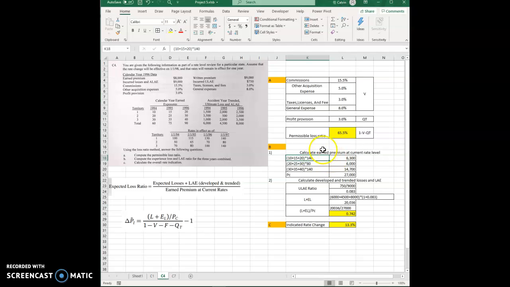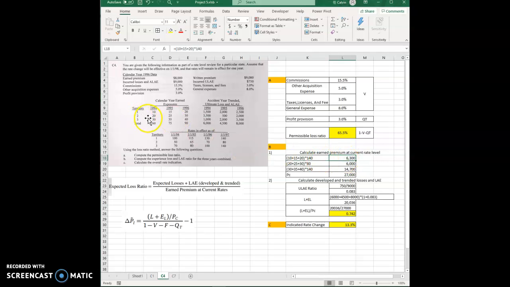So first, we need to calculate our premium at current rate level, which is PC. And what we gonna do is to use the 94, 95, 96 exposure, add them up, and times the current rate. So for territory 1, we use 10 plus 15 plus 20 times 140, the current rate, and we get 6,300.